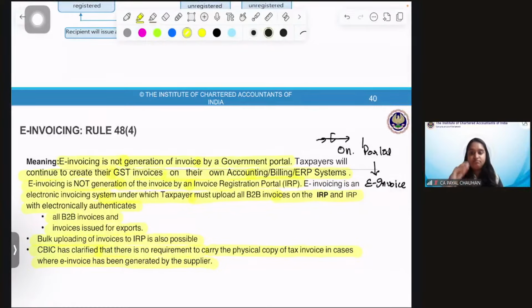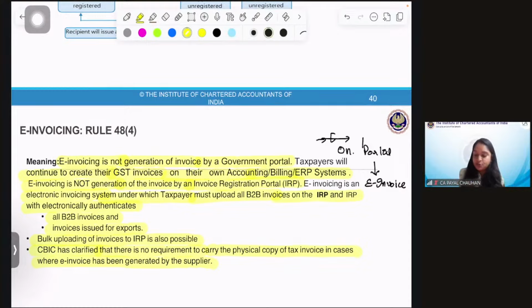Very good. No, beta. E-invoicing is like this. I'll issue an invoice. It's not uploading an invoice on the IRP. False, beta. You people have made a mistake.